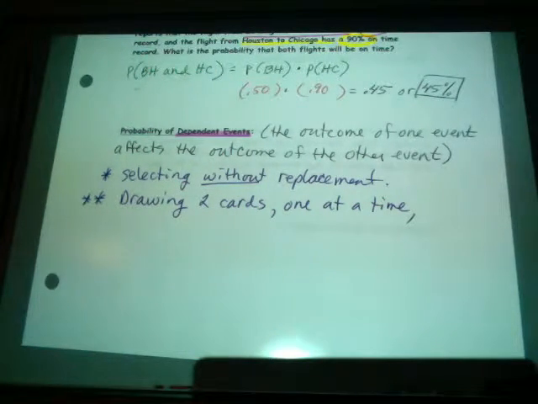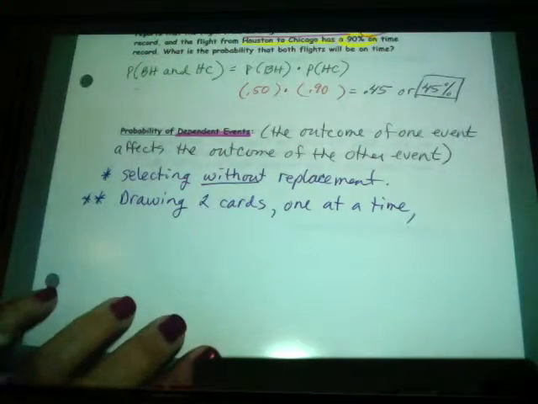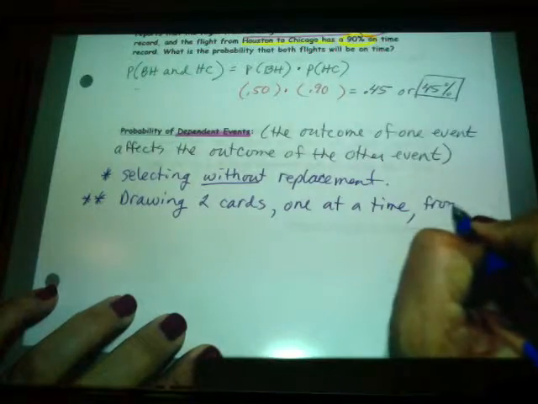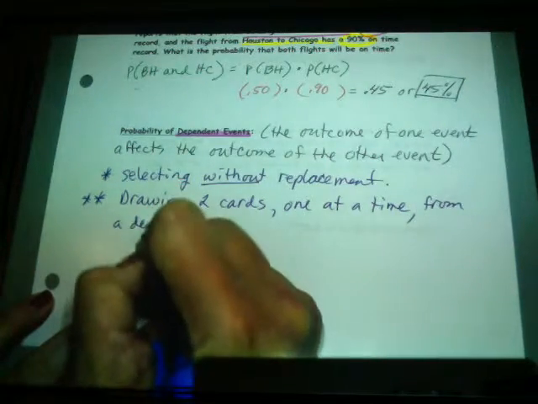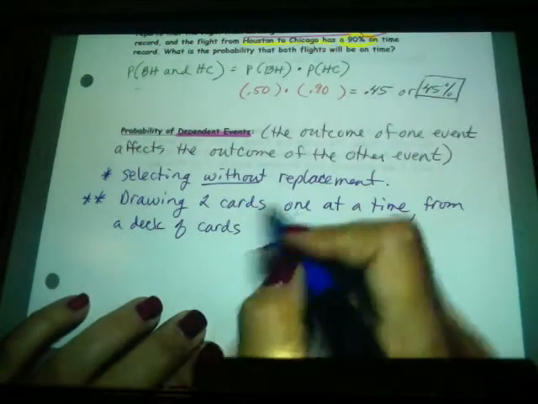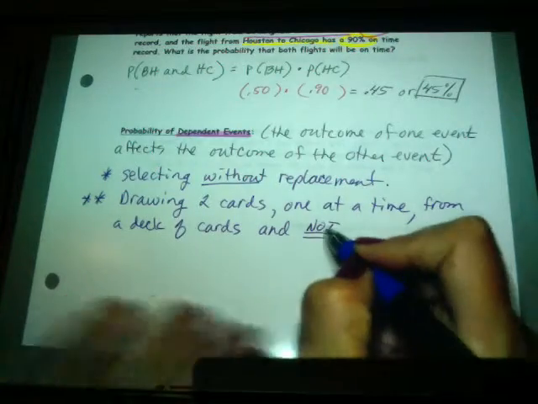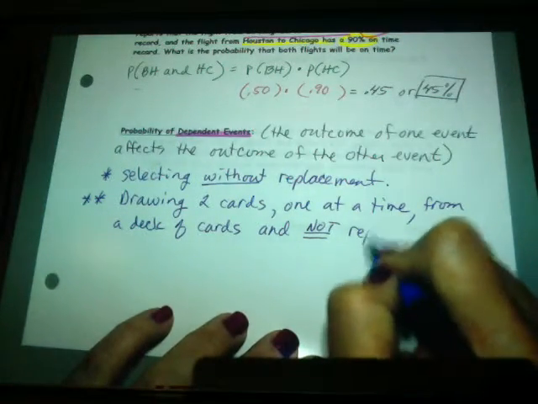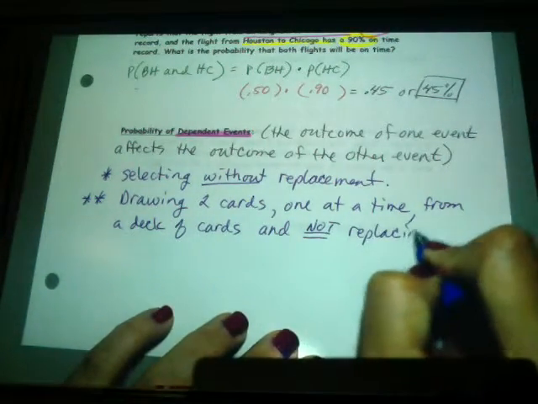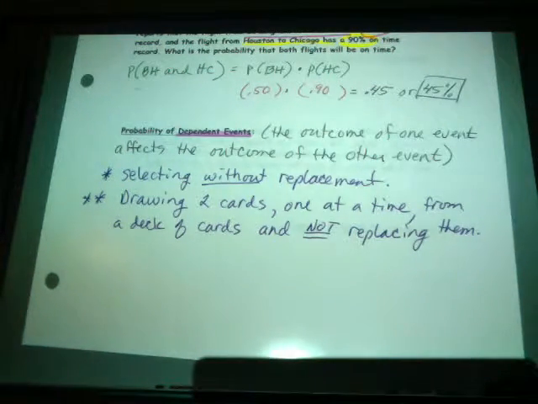It's going to make a difference, because this time we're finding probability, not the total number of combinations or permutations. So one at a time from a deck of cards, and not replacing them. So there again we have no replacement. I don't draw a card and put it back in the deck and draw another card and put it back in. I draw a card and I keep it out.